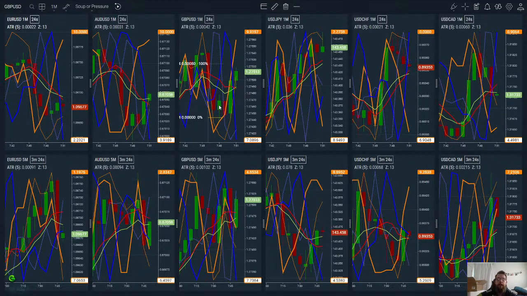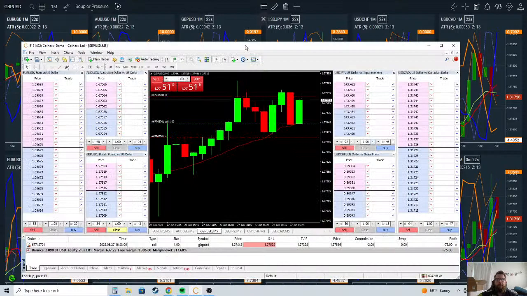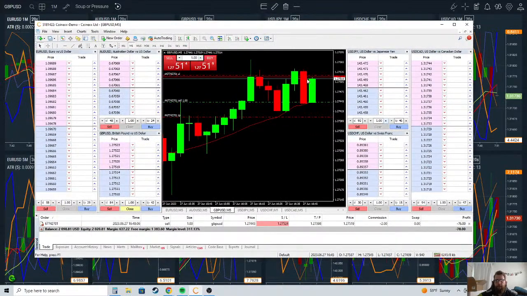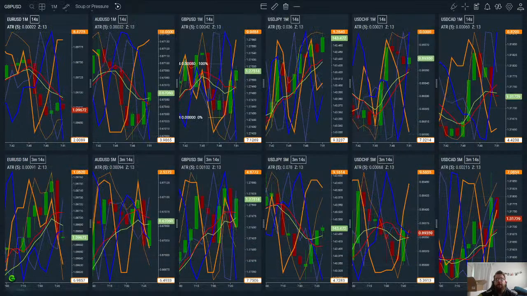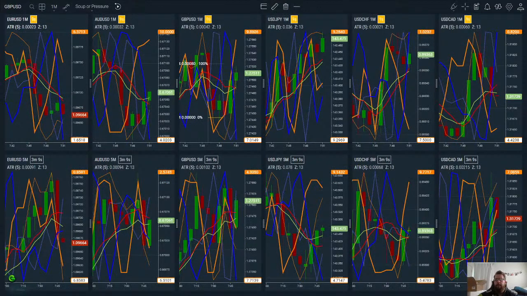About to get stopped. Yeah, we just got stopped. That sucks. Because that was a chunky trade. That may have just eaten up a good chunk of our profits for the day.